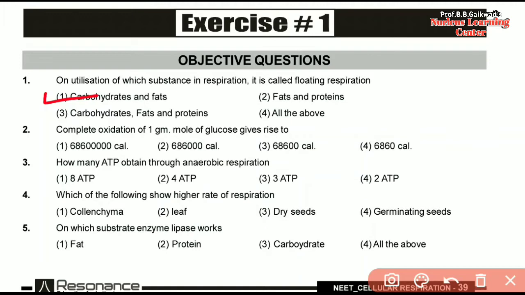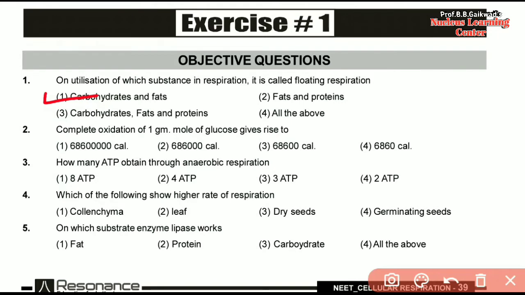Second MCQ is: complete oxidation of 1 gram mole of glucose gives rise to. Here you have to remember the equation of aerobic respiration, C6H12O6 plus 6O2 gives 6CO2 plus 6H2O along with 686 kilocalorie energy.